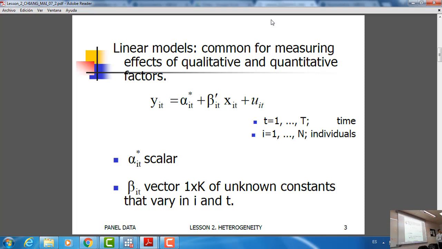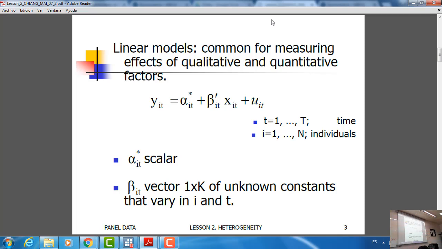Modeling means simplifying. Simplifying in this case means getting rid of subindexes, using not as many parameters as observations, but fewer. You have to use as few parameters as possible. Now, beta'_it: is this the same case as before or not? Similar.